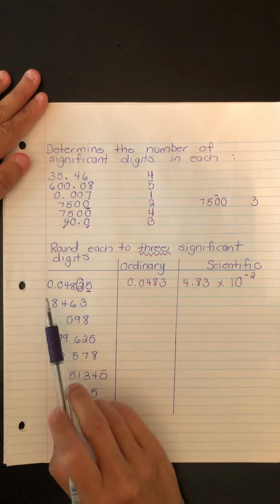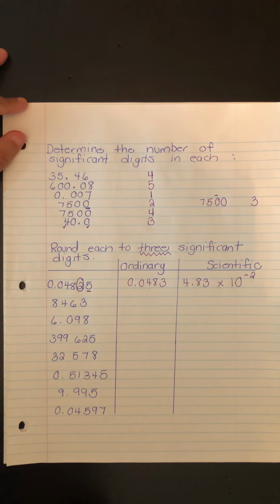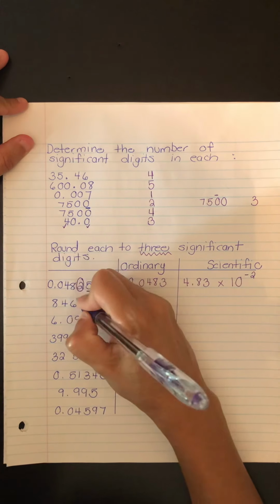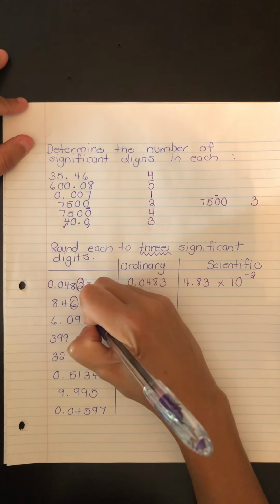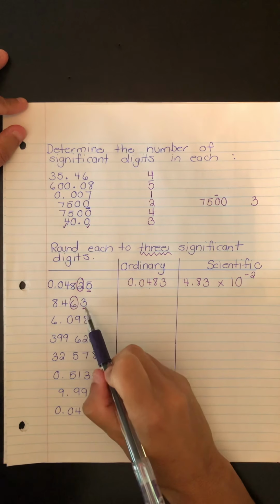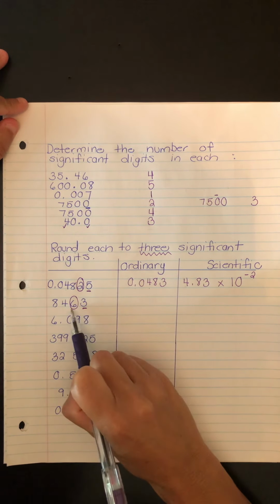Okay, let's try this other one, 8,463. So first we circle the third significant digit, 1, 2, 3, right there. We look to the right of that number. This number is not 5 or more, which means this 6 does not round up. It remains a 6.